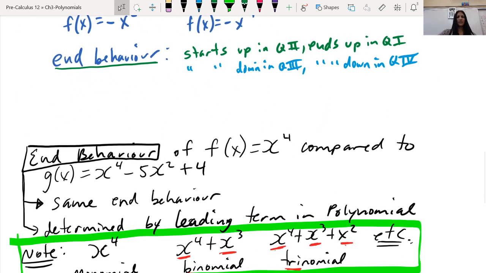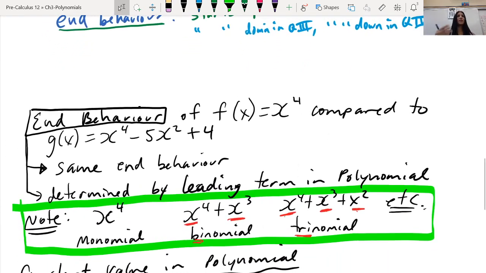Okay, so this we've kind of talked about. End behavior is what we call all that stuff we were just talking about. So end behavior of f of x equals x to the 4, that's the stripped down version in its most basic form, compared to a not so stripped down version in a not so basic form where we do have other things going on.